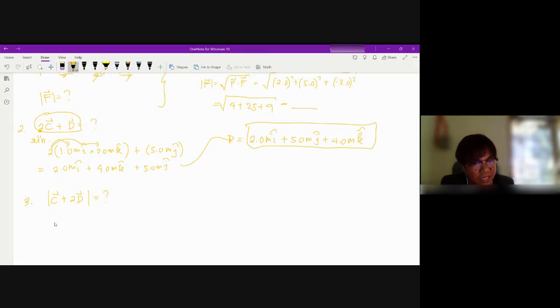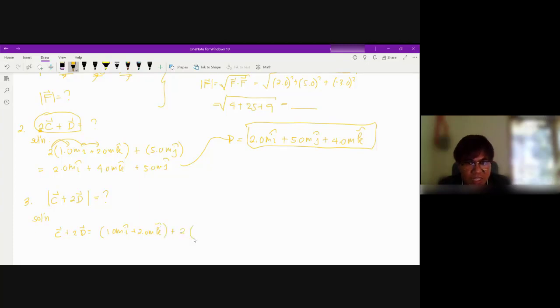Ayaw ka panic. So, you just have to solve C plus 2D. Okay? Ang C mo is 1 meter I hat plus 2 meter K hat. And then you have plus 2D.